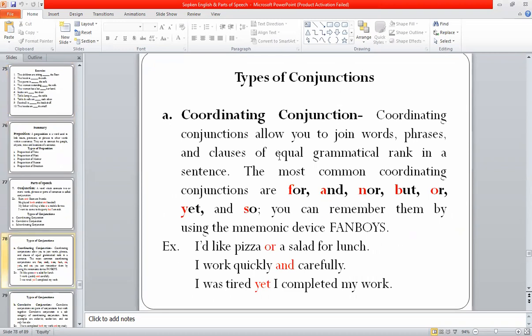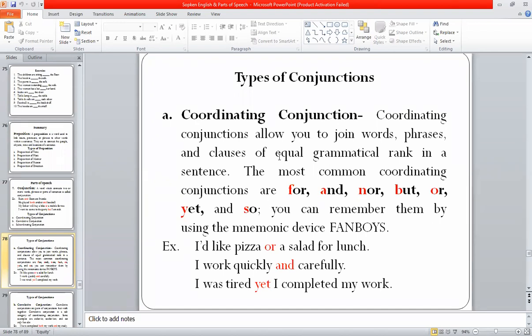So what are coordinating conjunctions? These are the conjunctions which allow you to join two words or phrases or clauses of equal grammatical rank. Means they have the same rank and are connected with each other with these coordinating conjunctions.